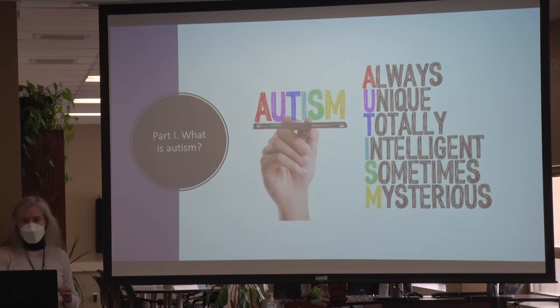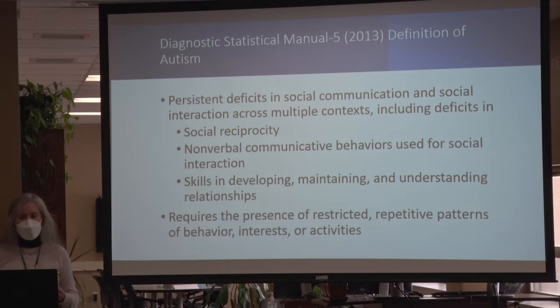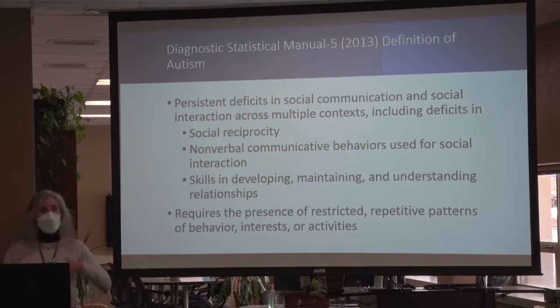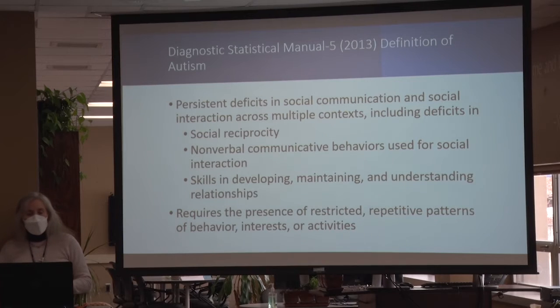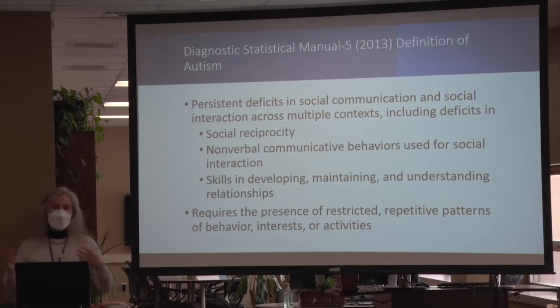Okay, so autism: always unique, totally intelligent, sometimes mysterious. The DSM-5, the Diagnostic Statistical Manual 5, 2013 edition, had updated its definition of autism. So we're looking at persistent communication and social interaction deficits. So this isn't something that happens on occasion.